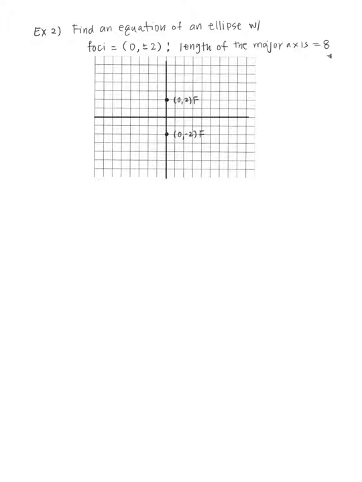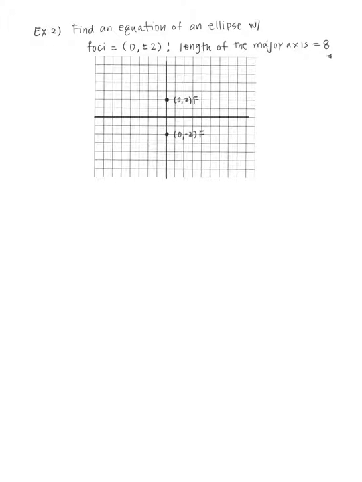Sorry, I meant to say tall ellipse, not a long ellipse. Anyway, we know that the length of the major axis is 8, so from the center you're going to have to go up 4 and down 4.